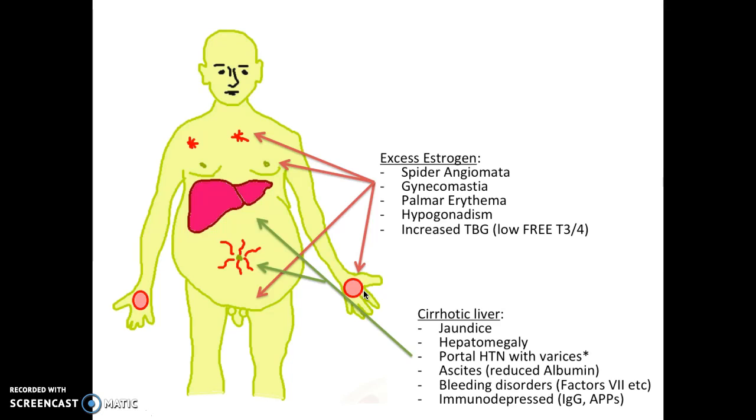Men will also get gynecomastia and hypogonadism, and everybody will get increased thyroid-binding globulin. So basically what this does is bind up all of the free T3 and T4, but they'll have a normal TSH, so that might be something you're asked about.